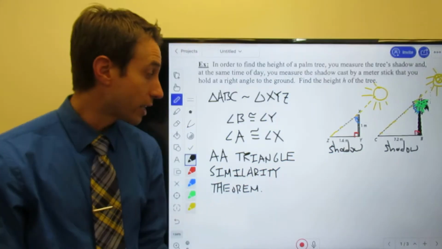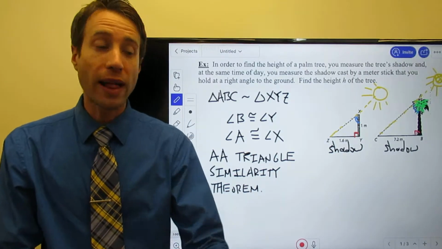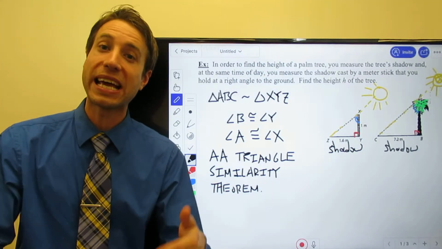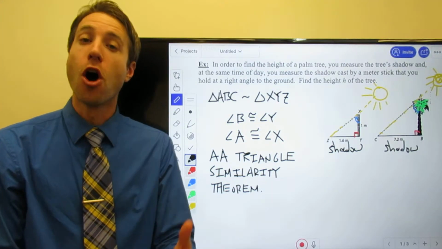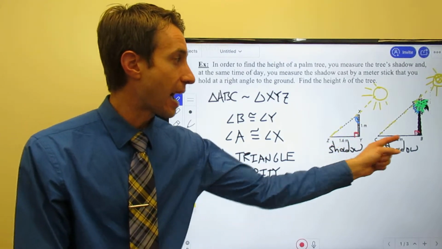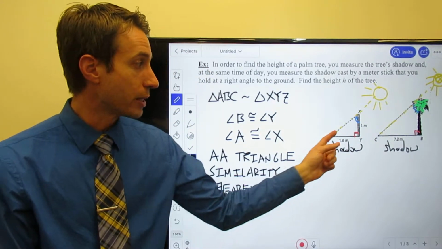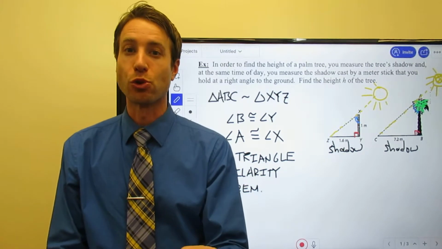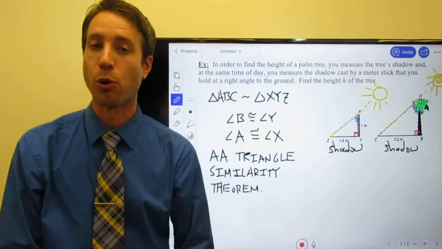That's it. According to the triangle similarity theorem, all I have to do is show that two of the angles in the triangles are congruent, and I know that those triangles are similar. And we just did. I have two angles that are congruent in each of these cases. I know that those triangles have to be similar, so we can set up proportions.